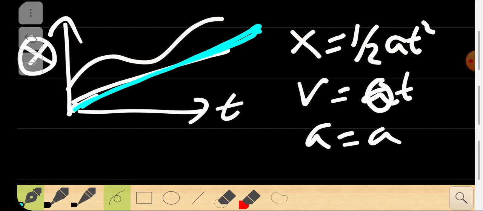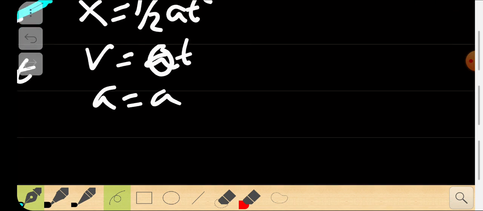Now how can you find the average value from the picture itself? Is there a way? That's where you can introduce the mean value theorem.